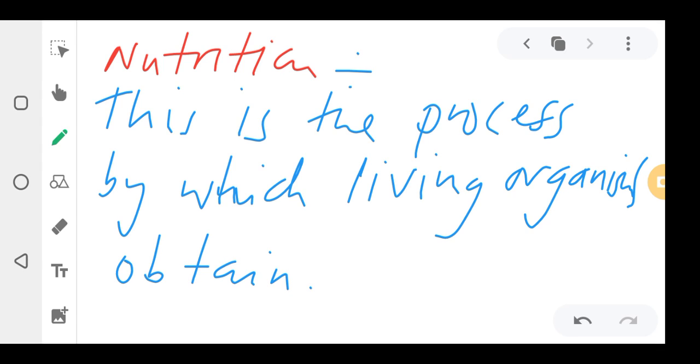Okay, so living organisms would include plants or animals. So nutrition simply means the process by which living organisms obtain food. The process by which plants obtain food, the process by which animals obtain food, that process by which they obtain food is what is called nutrition.